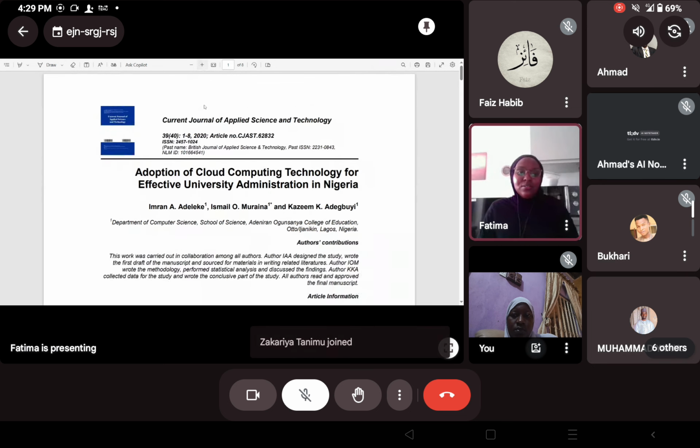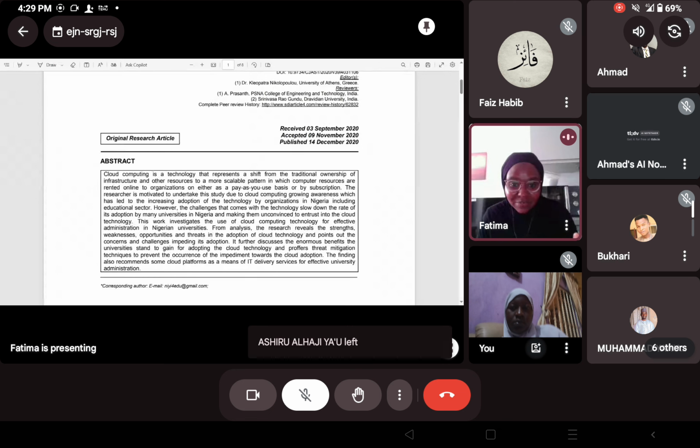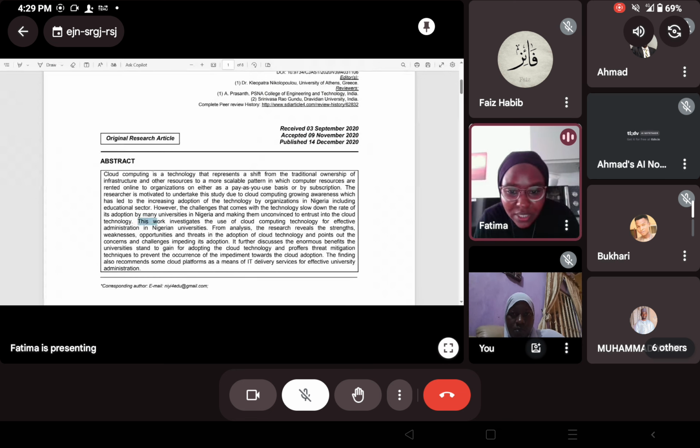Okay. So looking at this, let's see a summary of what they have done. They said, starting from here, this work investigates the use of cloud computing for effective administration in Nigerian universities. So from analysis, the research reveals trends, weaknesses, opportunities, and threats in the adoption of cloud technology and points out concerns and challenges impeding its adoption.